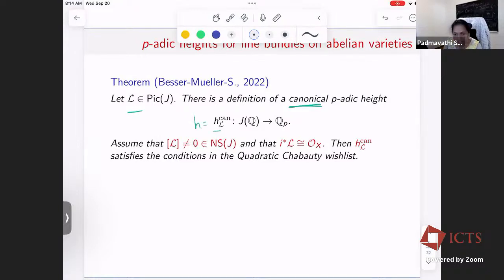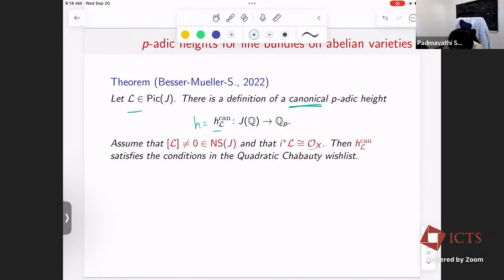This is the h that we had before. We wanted all the nice features that I showed you two slides ago, and to have those features, you want a particularly nice type of line bundle: one whose class in the Néron-Severi group of the Jacobian is non-trivial, but which pulls back to the trivial bundle when you restrict it to the curve.